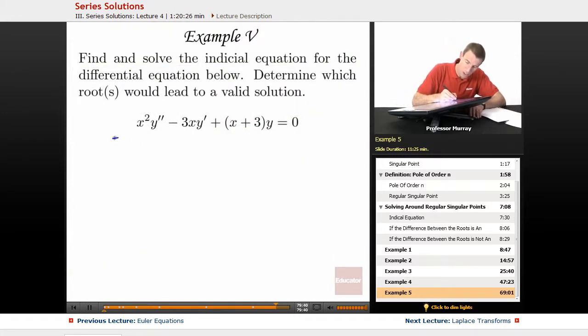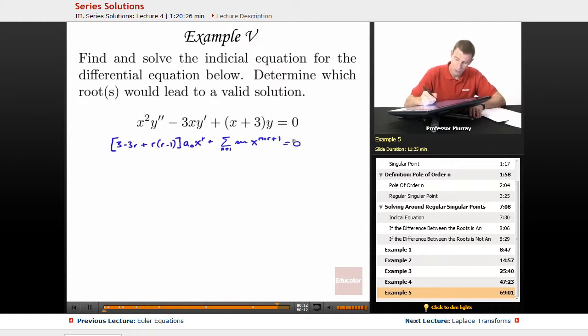The equation that we had right at the end of the previous page was 3 minus 3r plus r times r minus 1 times a naught, that was the coefficient of x to the r, plus some stuff starting with n equals 1 times x to the n plus r plus 1 equals 0.